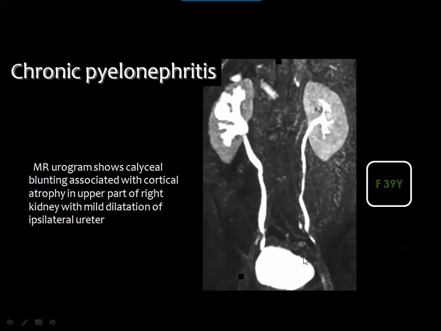And this is a urogram obtained by MRI, and you see on the left side there is good renal parenchymal thickness, there is a good distance between the calyces and the renal capsule.